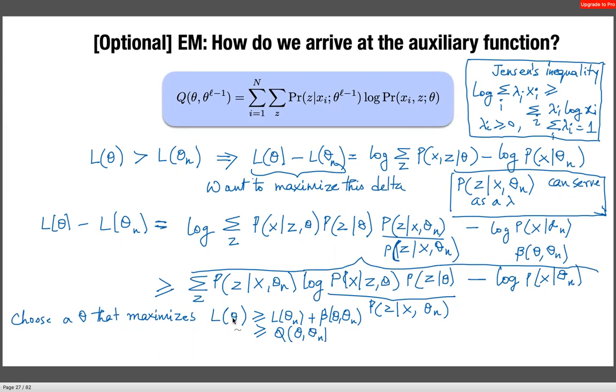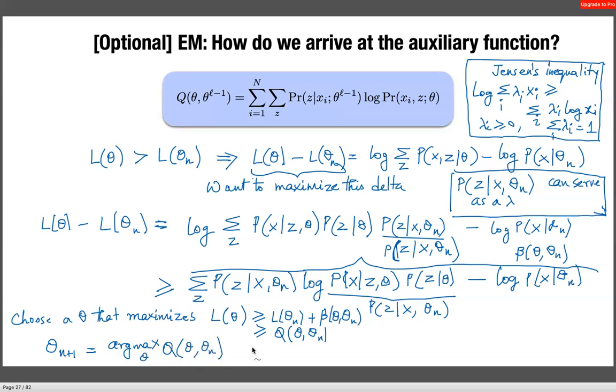So now I have that L theta, which is the log likelihood that I care about, has a corresponding auxiliary function q, and this auxiliary function is upper bounded by the log likelihood. So if I cannot easily find a theta that maximizes L theta, it's good enough if I find a theta which maximizes this auxiliary function. So theta n plus 1 should be the theta which maximizes this auxiliary function.